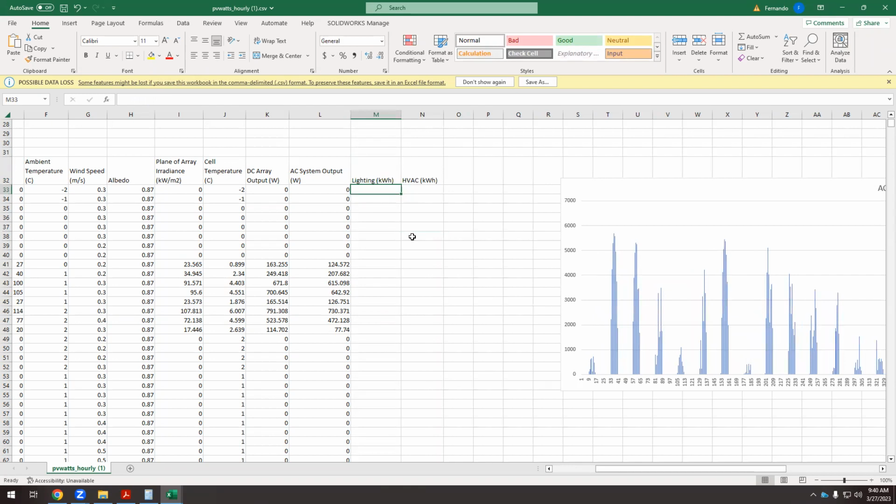Okay. So what's the lighting? It's 7 kilowatt hours per square feet. Your building was 800 square feet.